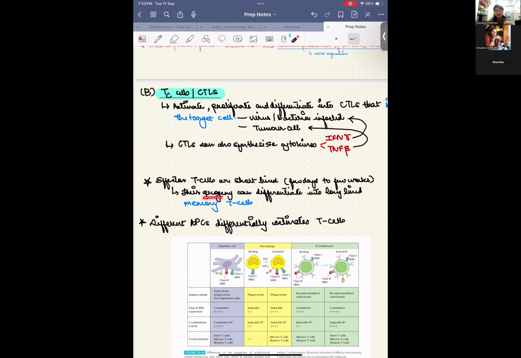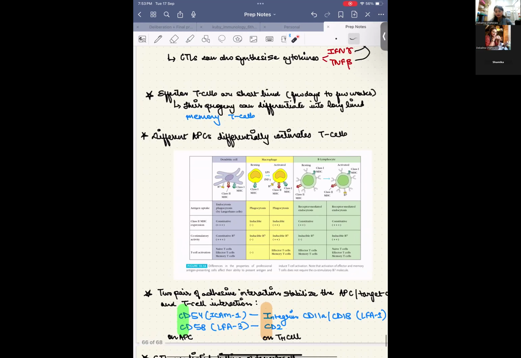But the progeny cells that differentiate into memory cells can be long-lived. So for both the cell types, we can have some memory cells which are long-lived compared to the effector T cells. Right?